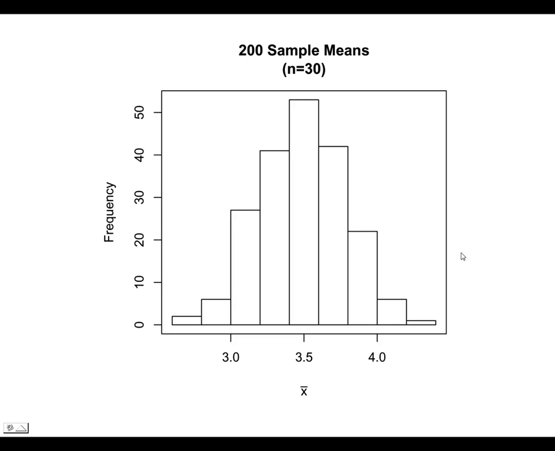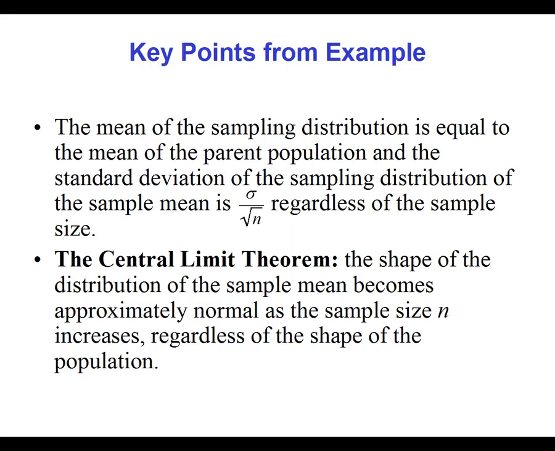And typically the magic number when it comes to this is 30 for these sample means. So typically if we take an n value of 30 or more, it doesn't matter what distribution we pull it from, x bar should also be approximately normal. And that leads us to the central limit theorem.